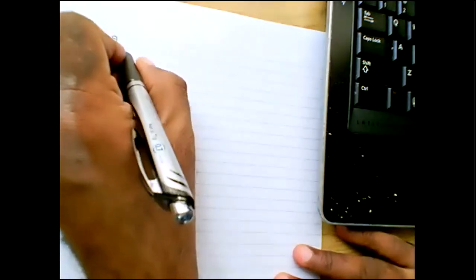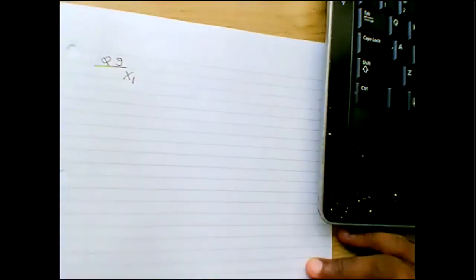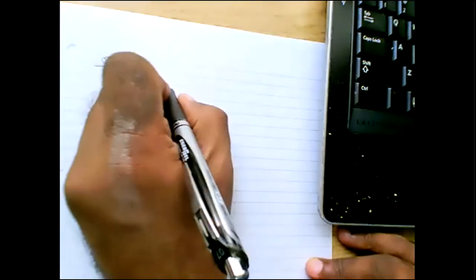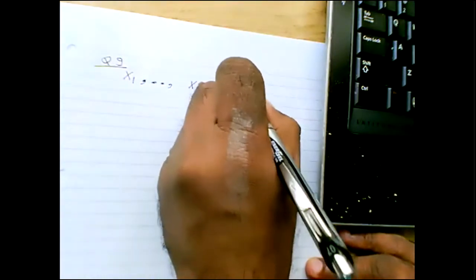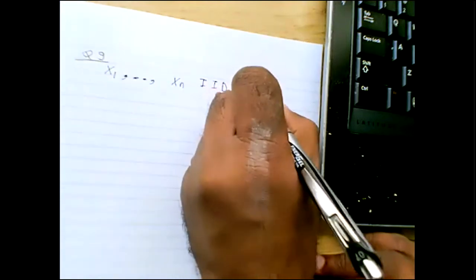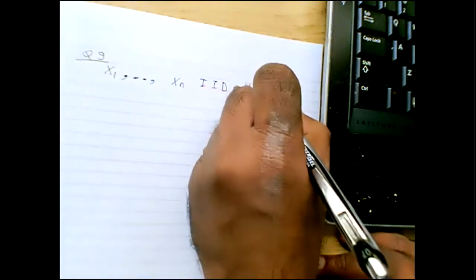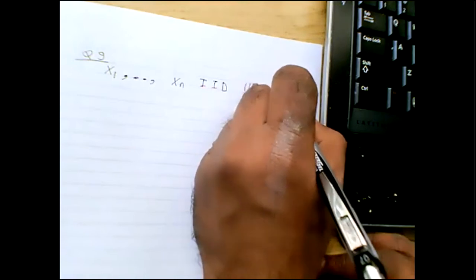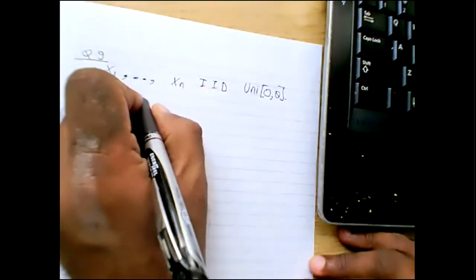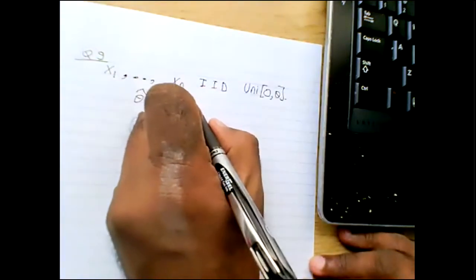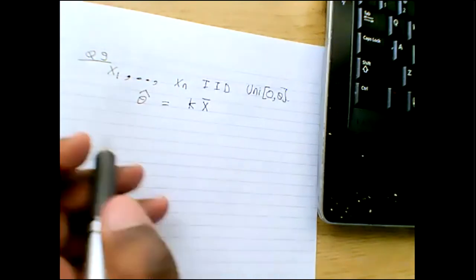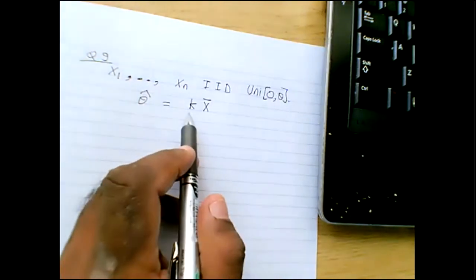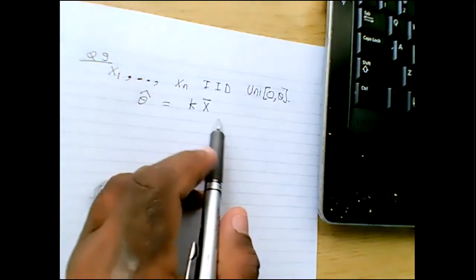You have a random sample x1 to xn, which are IID from a uniform distribution on the interval 0 to theta, and you have this estimator theta hat equal to k times x bar, where x bar is the sample mean. The first part is to find the k such that this is unbiased for theta.